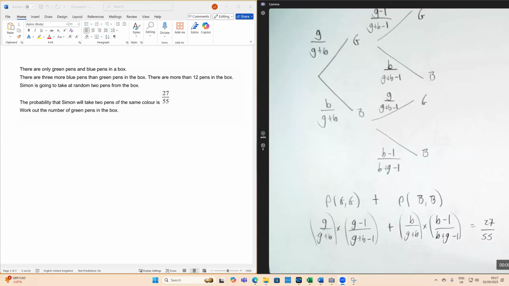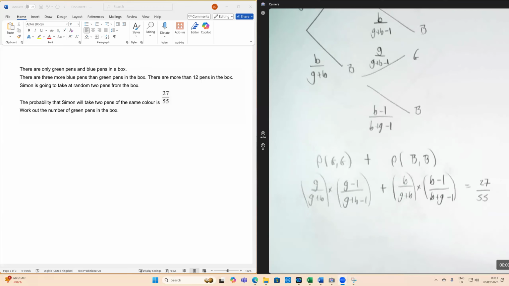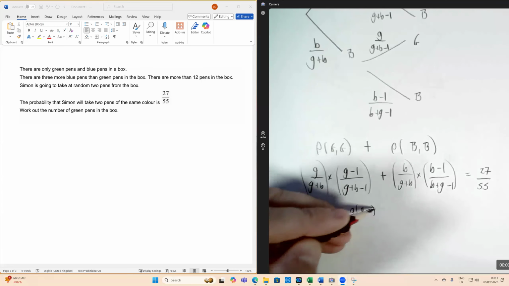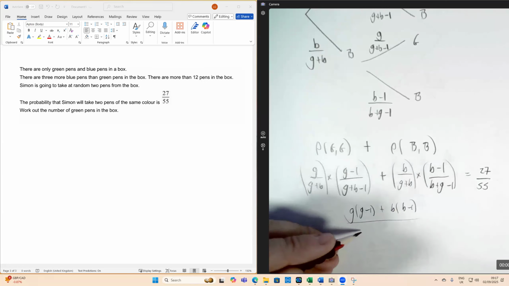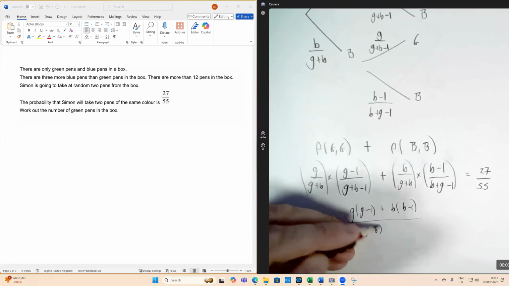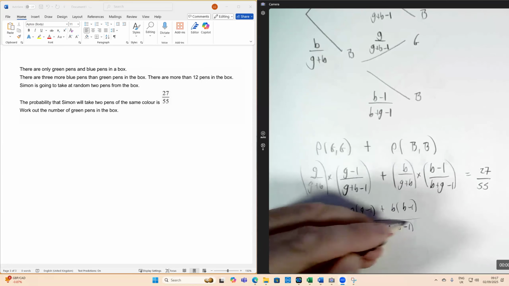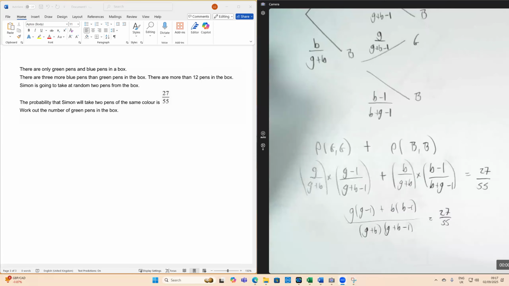So what we've got to do is boil and crunch all this algebra down. Let's have a look at what we're going to do here. Notice we've got the same common denominator for both of these, so these fractions can be combined. So we can say G times G minus 1 plus B times B minus 1, all over G plus B times G plus B minus 1, is equal to 27/55.